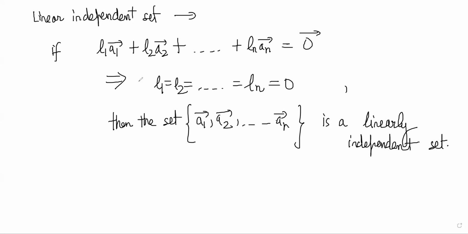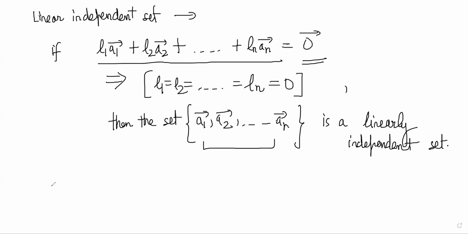So basically, if the linear combination of vectors becoming a zero vector means that all the scalars must be zero, we know that the set is a set of independent vectors, right?